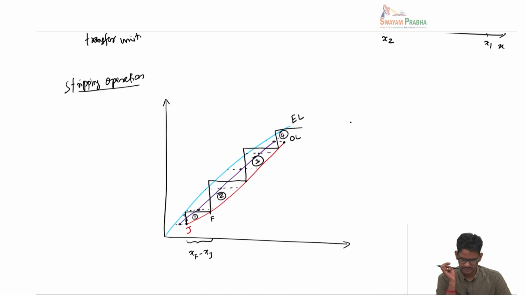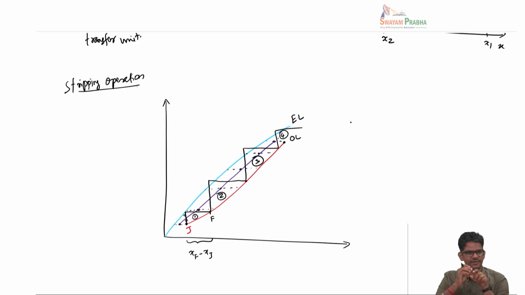In this operation also, what we have done is the average composition change in the liquid phase is equal to the average driving force available in one transfer unit. And you can see in this case the steps have different sizes because the average driving force keeps changing.